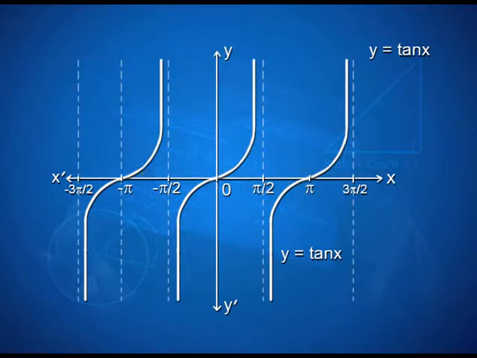Similarly, here between minus pi by 2 and pi, we can see the graph is increasing and going along pi by 2, but it is not touching the line pi by 2. Here it is decreasing along the line for minus 3 pi by 2, again not touching the line pi by 2.